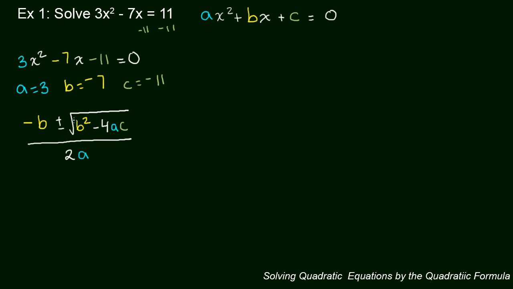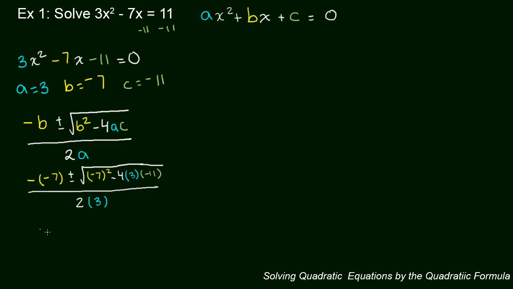From here, I'm just going to plug in my values for a, b, and c into the quadratic formula and simplify. I have negative times a negative 7 plus or minus the square root of negative 7 squared minus 4 times 3 times negative 11, all divided by 2 times 3.